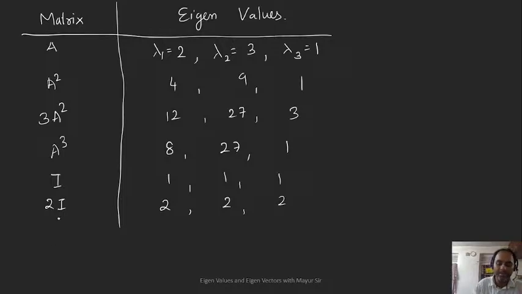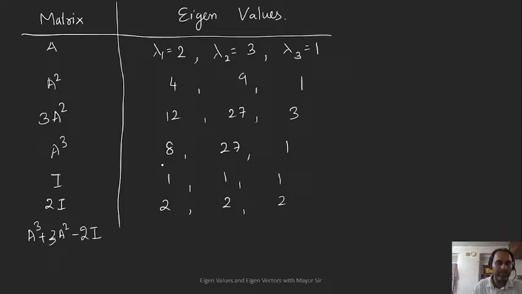So finally the eigenvalues we want are for A cube plus 3A square minus 2I.